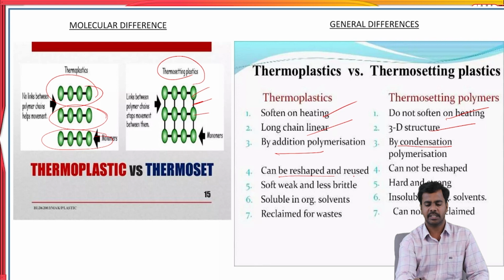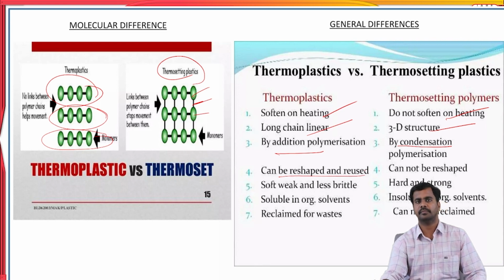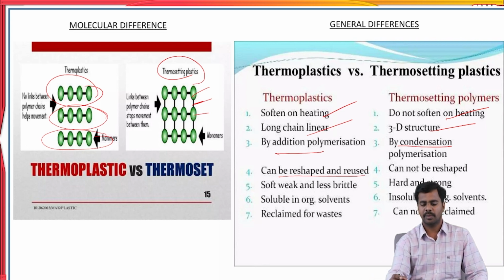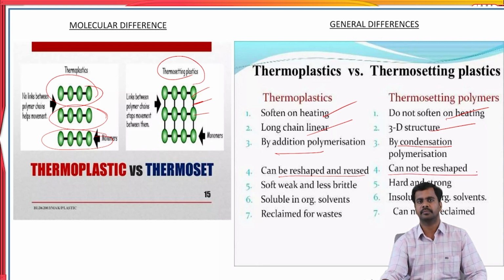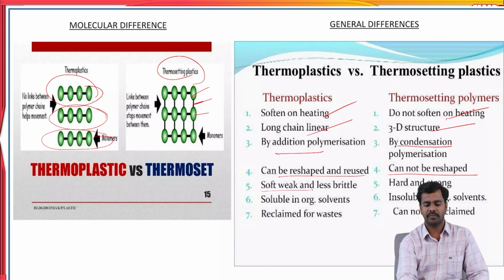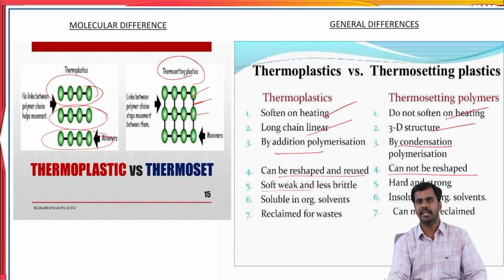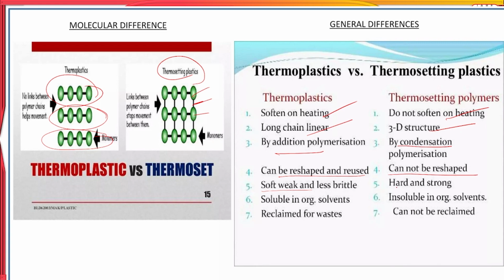Thermoplastics can be reshaped and reused. Thermosetting plastics cannot be reshaped or reused. Thermoplastics are soft, weak, and less brittle, whereas thermosetting plastics are hard and strong.